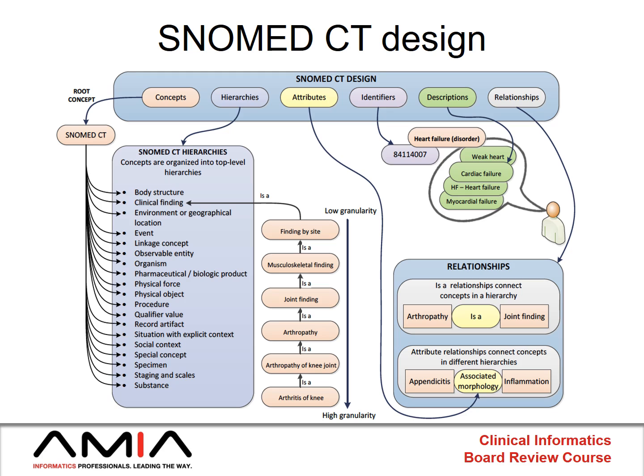So, for example, an arthropathy is a joint finding, and appendicitis has associated morphology, in this case, inflammation. These relationships are what enable the more complex concepts to be built up from simpler ones.